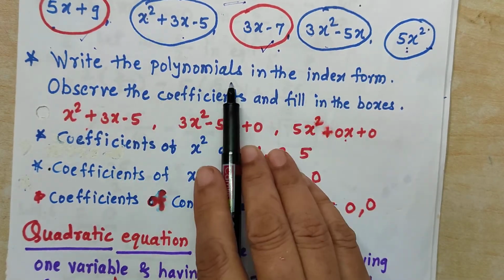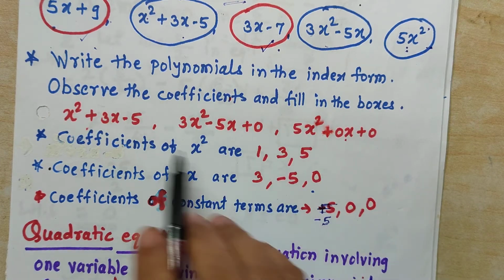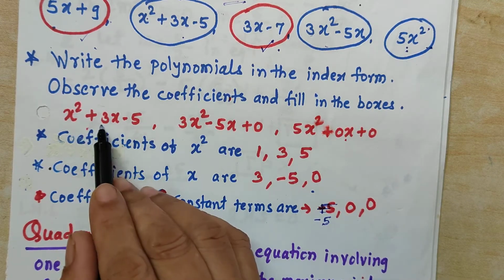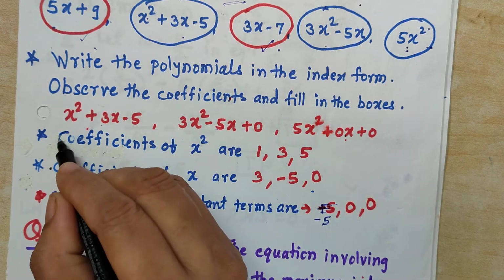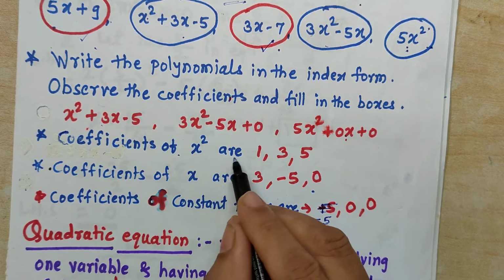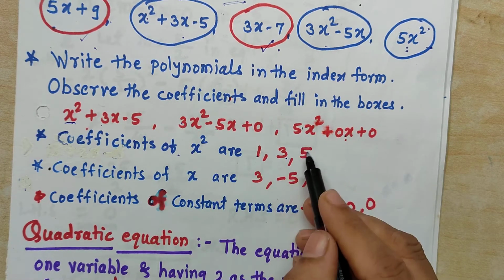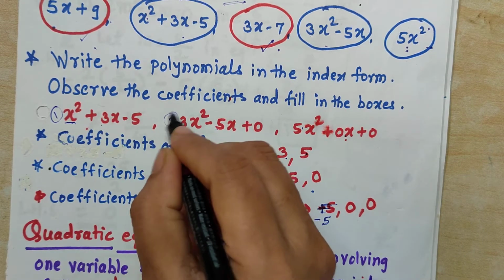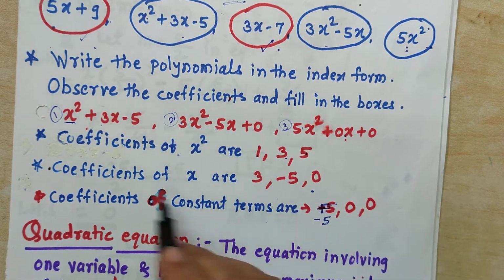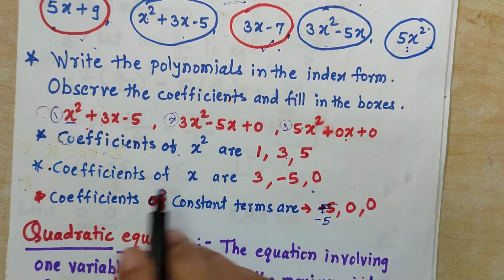Now write the polynomials in the index form. Observe the coefficients and fill in the boxes. Here first, second, third, 3 polynomials are given. Now the coefficients of x²: here the coefficient of x² is 1, here 3 and here 5. These 3 polynomials are given and we have to write the answers to the following questions.